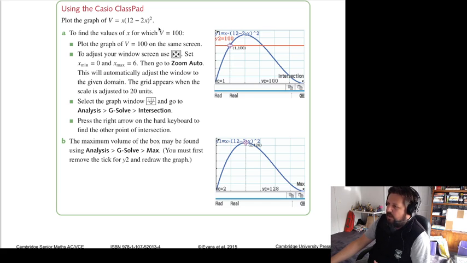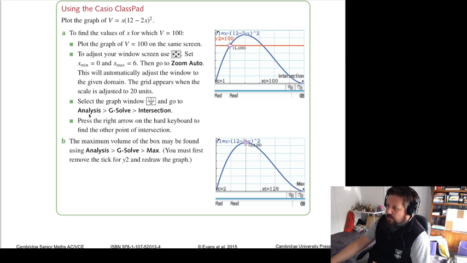By plotting the equation y equals 100 into y2, it'll sketch a straight line as such. From here, you can then use what's called the intersection. So when you've got both graphs sketched, you've put in y1 the cubic, and y2 as being equal to 100, which is this red line.